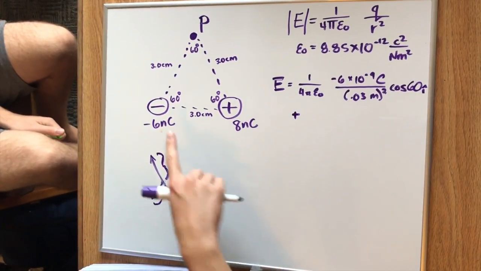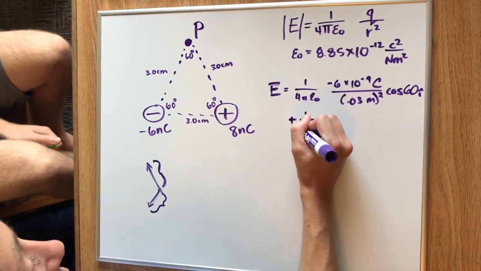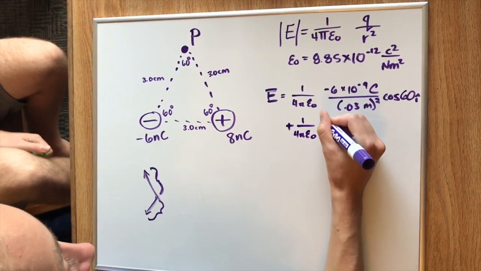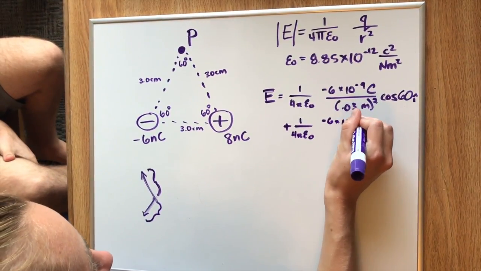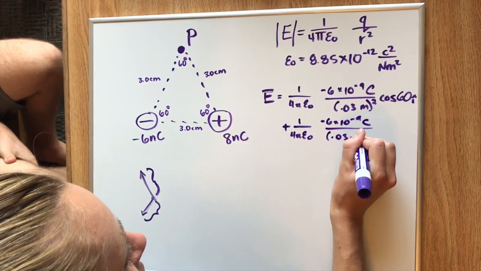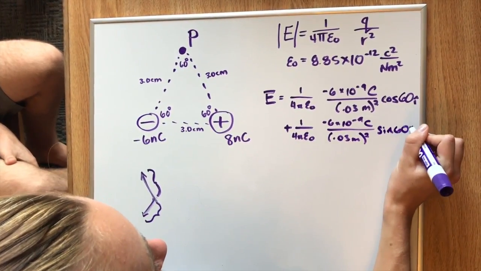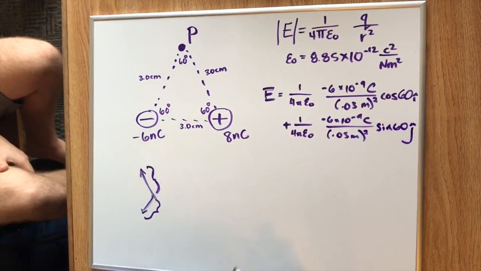For the y component, for the negative charge, we're going to do 1 over 4 pi epsilon naught, -6 times 10 to the -9th coulombs over 0.03 meters squared, times sine 60 and j hat to denote our y component.